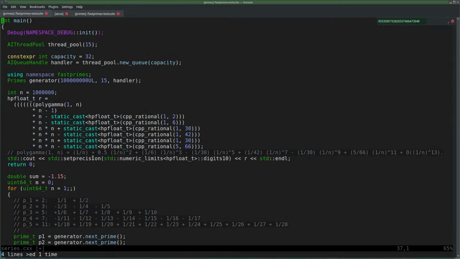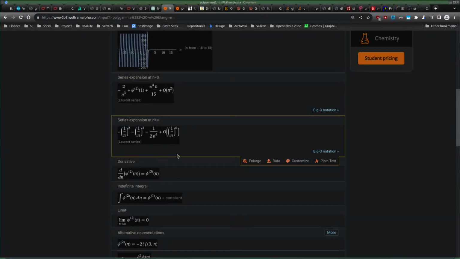And this one becomes 2 times a half is 1. And then subtract 1, so that's 1 divided by n to the power 3. The minus 2 comes in front of it, so here we get minus 3. So that becomes minus a half times 1 over n to the power 4.